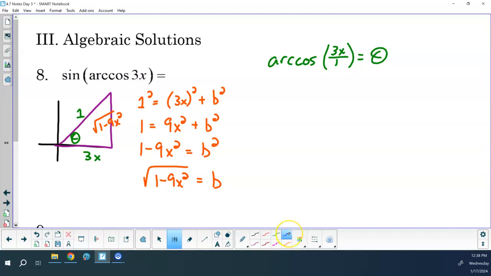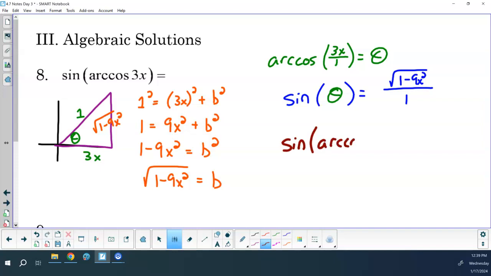And now I can find the sine of that angle. The sine in that triangle is going to be the opposite side over the hypotenuse, or simply the square root of 1 minus 9x squared.